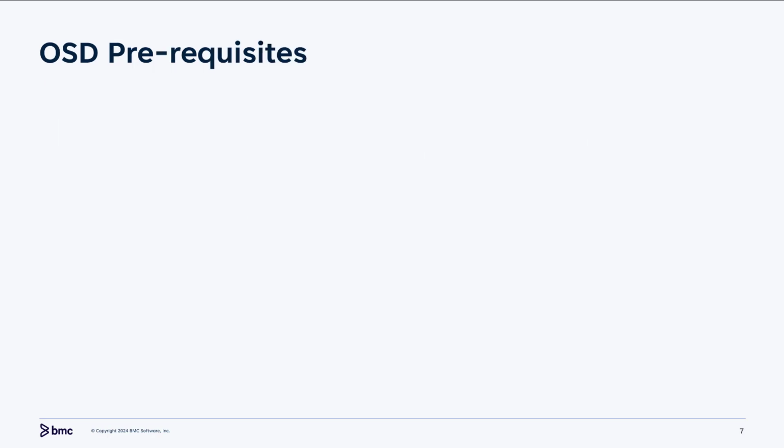So, what are the prerequisites for using the OSD module? For OSD, there are 6 primary prerequisites. They are, of course, the operating system deployment license, the OSD manager, which needs to be a Windows device. We prefer Windows Server.